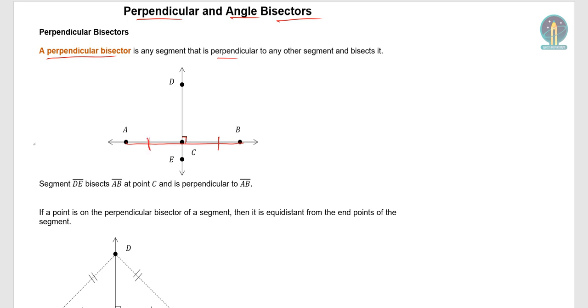So segment DE turns segment AB into two segments, AC and CB, or BC. Two equal segments, because we have the same dash. So segment DE bisects AB at point C and is perpendicular to AB.